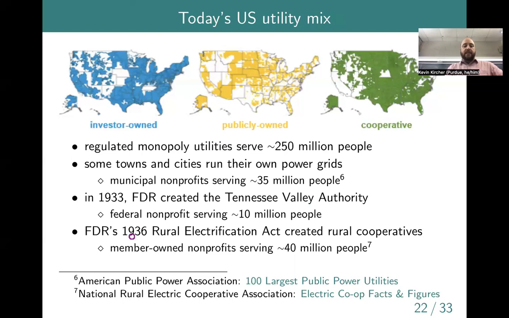And then in 1936, in the post-depression era, FDR passed what's called the Rural Electrification Act. Basically, it's expensive to run long power lines out to sparsely populated areas, so companies were not bringing electrical service out to farms and things like that. So FDR put people to work and put a lot of money behind running electrical wires out to rural areas.